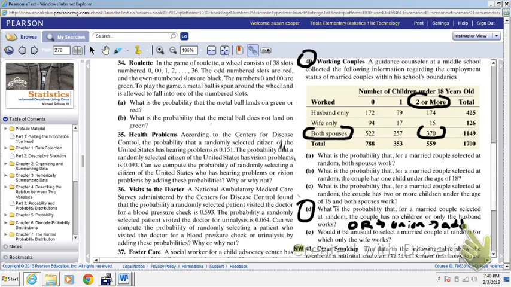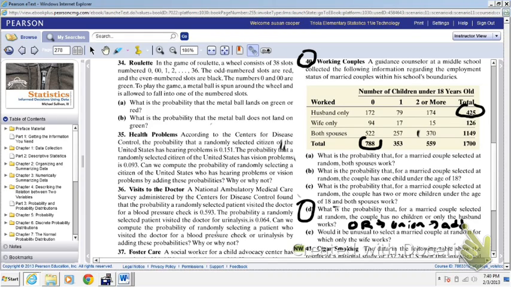So let's try this. Okay, for the couple that they have no children, I'm going to highlight this, that they have no children, that's these guys, or only the husband works, okay, that's those guys. But the thing is, those are not disjoint events. Those are not mutually exclusive events. There's overlap, right?